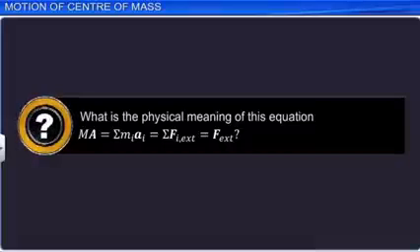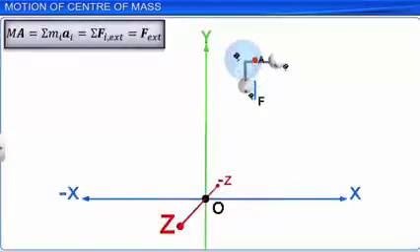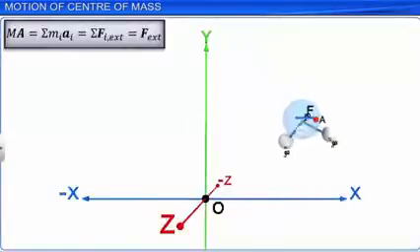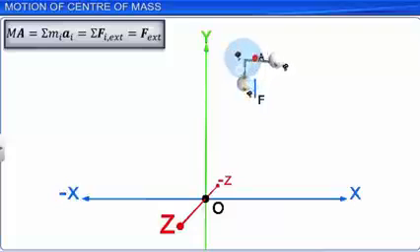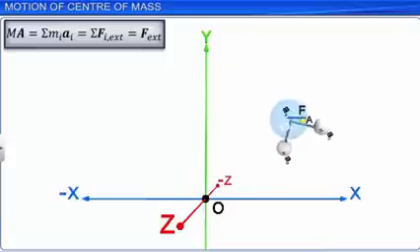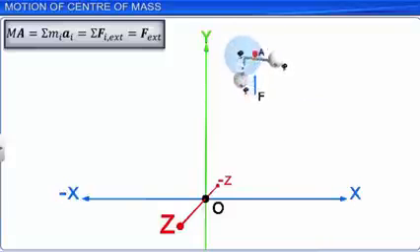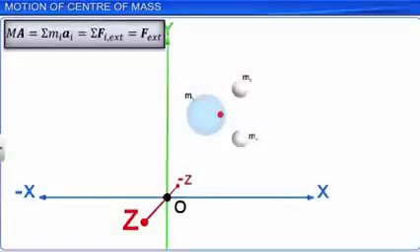What is the physical meaning of this equation? Ma is equal to sigma miai, which is equal to sigma Fi external, and is also equal to F external. 1. The motion of the center of mass of a system of particles is independent of the internal forces. 2.